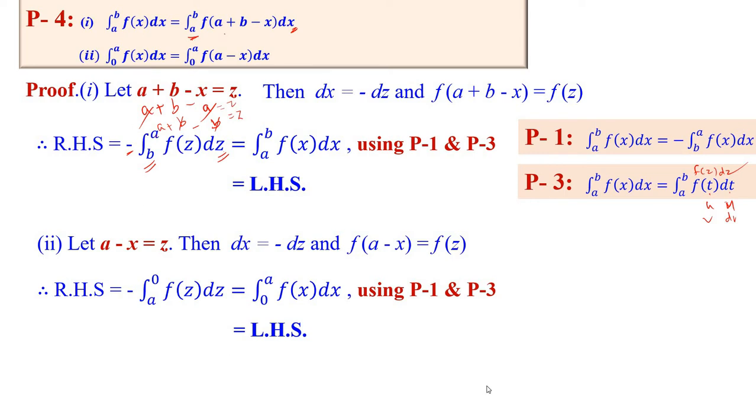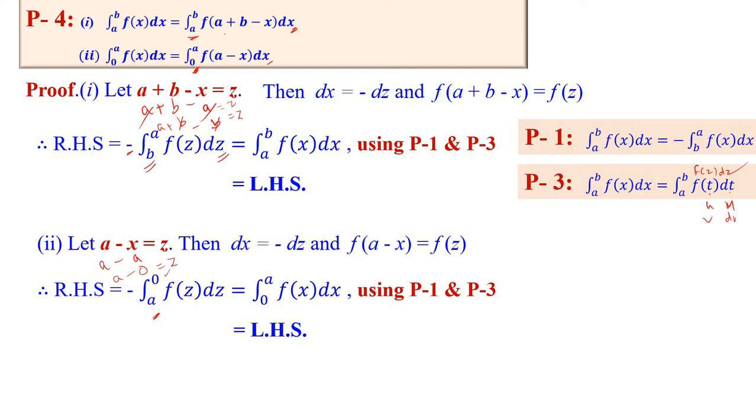When x takes the value a, your z will take the value 0. And then when x takes the value 0, your z will take the value a. So for the lower limit 0, we have a, and for the upper limit a, we have 0.